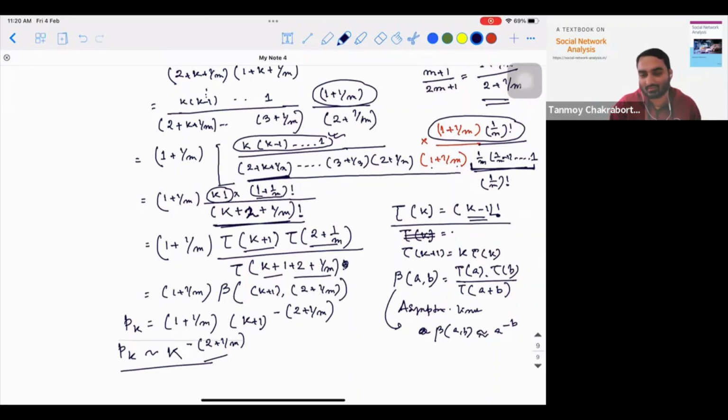So the Barabasi Albert and Price models are kind of similar because both endorse the phenomenon of preferential attachment. But now let's think of a network like the protein-protein interaction network.